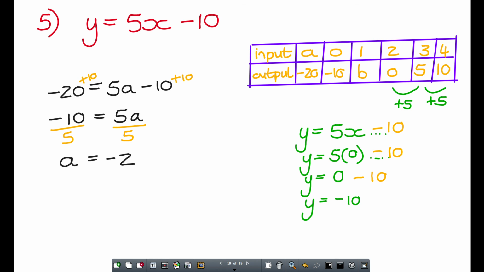All right, then to get b, my output value is b, 5, and instead of x, I must use 1, and then minus 10, and 5 times 1 gives me 5, minus 10 is minus 5.